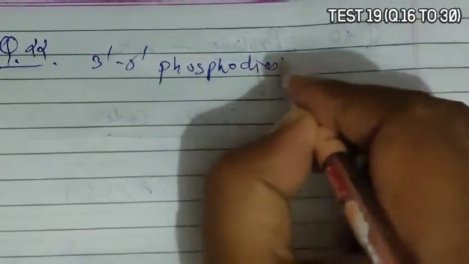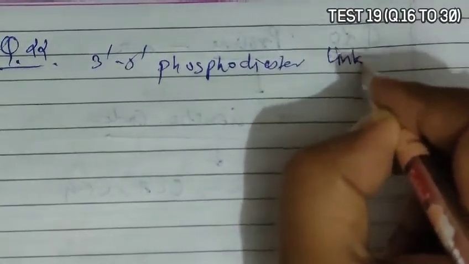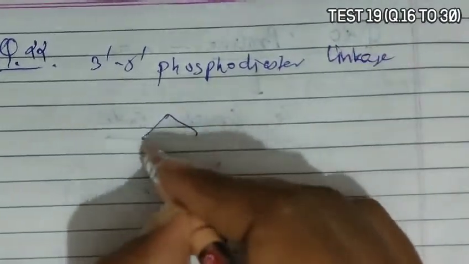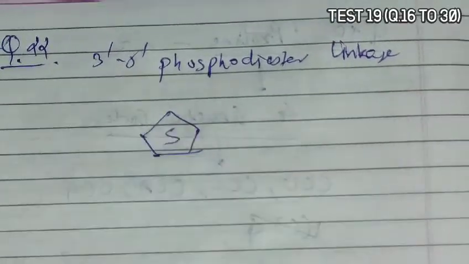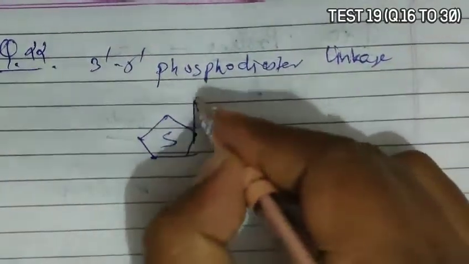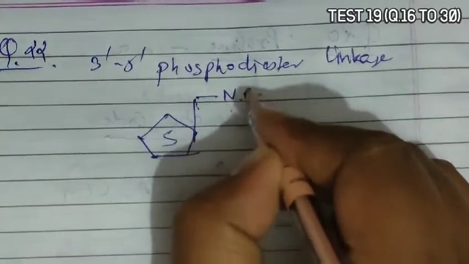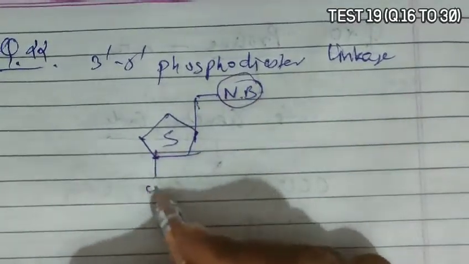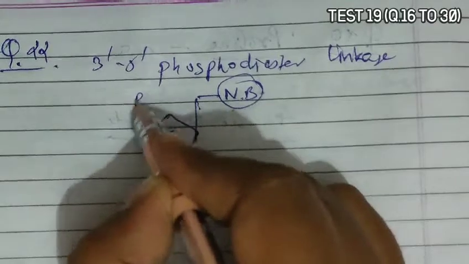Question 22. Question 22 asks that the 3' to 5' phosphodiester linkage inside a polynucleotide chain serves to join what. Now when there are 2 nucleotides, on the sugar at first carbon there is a nitrogenous base, at third carbon there is an OH, and at fifth carbon there is a phosphate.